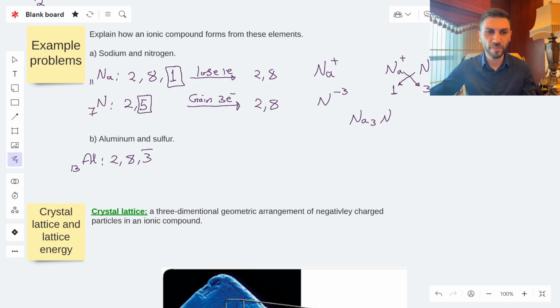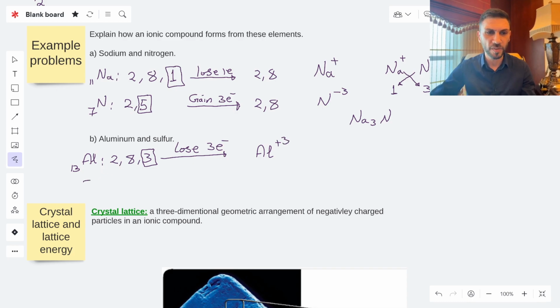We have 3 valence electrons, so it's going to lose 3 electrons. And the aluminum charge will be Al positive 3.